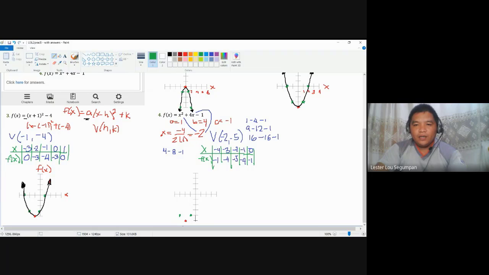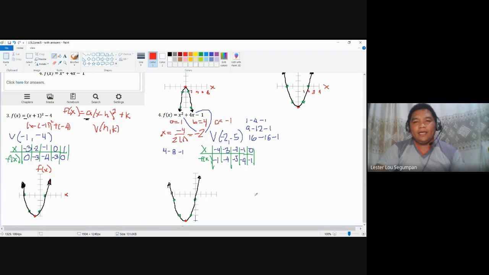And then you have here 0 at negative 1. So your graph should look like this. Okay, this is the graph of number 4.